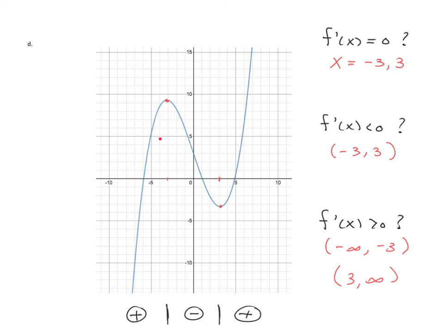Now, it's becoming more and more positive as I'm going in this direction, so it should be dropping down and becoming closer to 0. So I know it goes through this point and this point. The derivative decreases until it gets to 0. That means it's always positive. Between here and here, it becomes negative.